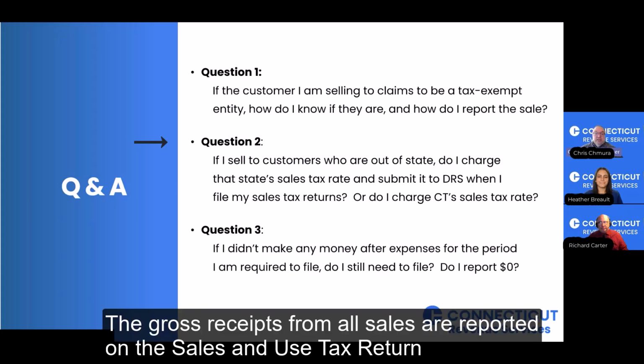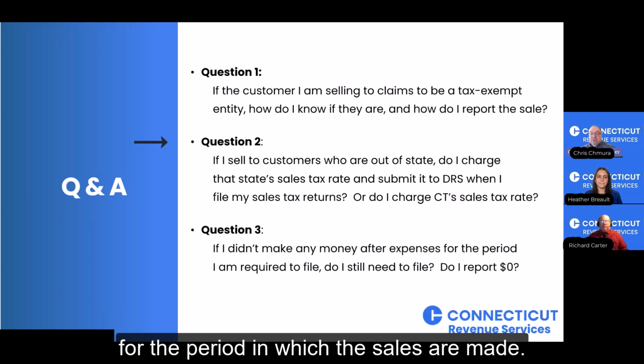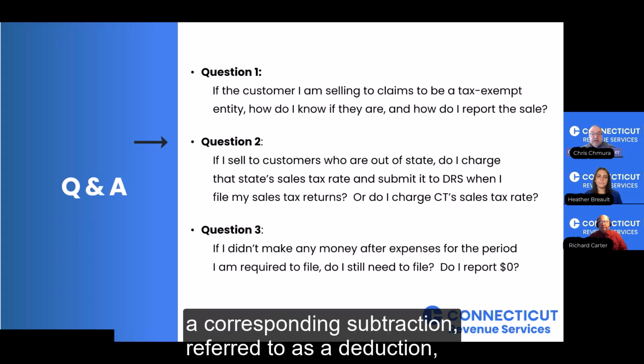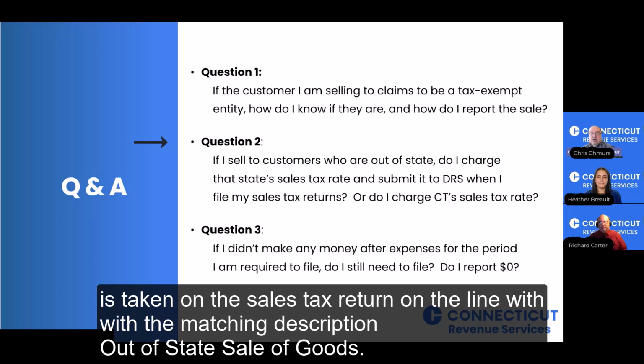The gross receipts from all sales are reported on the sales and use tax return for the period in which the sales are made. For those that were shipped to an out-of-state customer, a corresponding subtraction, referred to as a deduction, is taken on the sales tax return on the line with the matching description, out-of-state sale of goods.